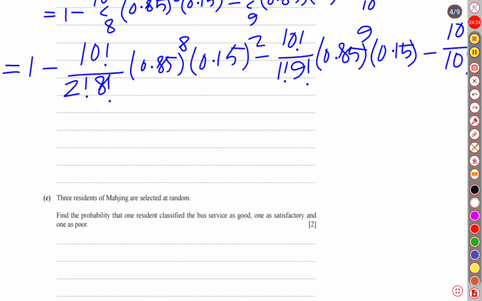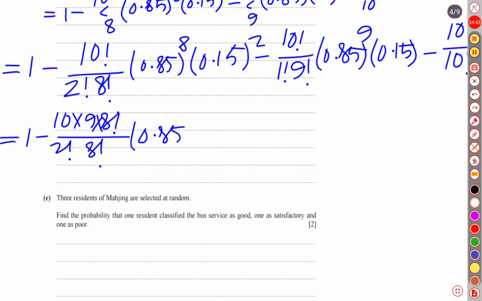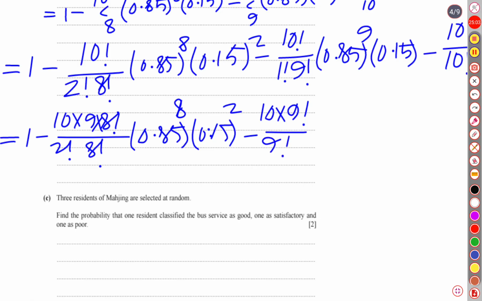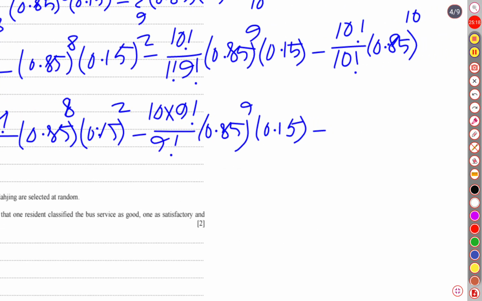Let us write it in the next step. What is it going to be? Equal to 1 minus, so 10 factorial means 10 into 9 into 8 factorial, over 2 factorial into 8 factorial, 0.85 raised to 8 and 0.15 raised to 2, minus 10 factorial, which can be 10 into 9 factorial over 1 factorial, which is 1, so it is unnecessary to write, and 0.85 raised to 9 times 0.15, minus, if we divide 10 factorial by 10 factorial, it's 1.